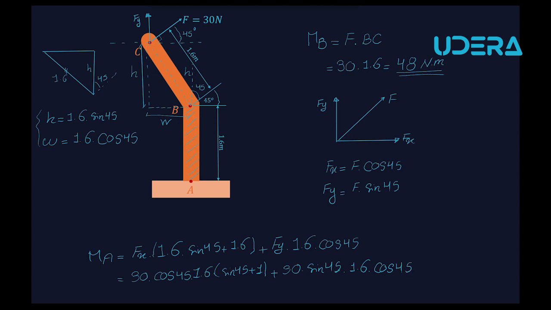And finally, the calculation will give us the amount of 81.94 Newton meters. So this is the amount of moment of force F about point A.